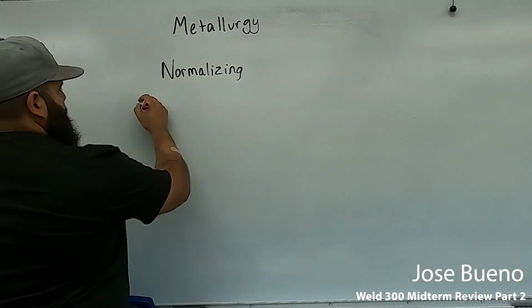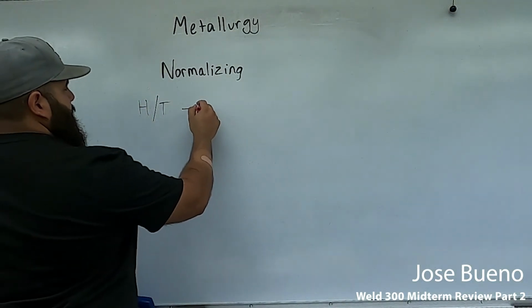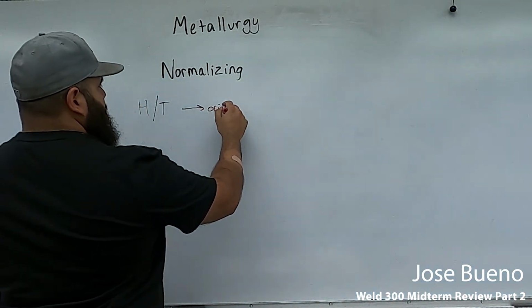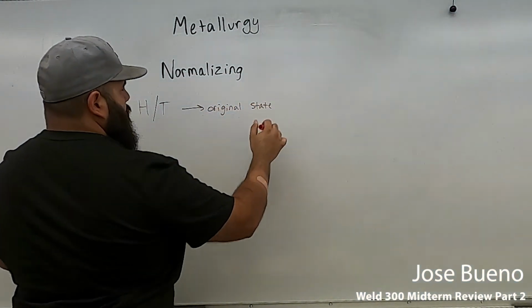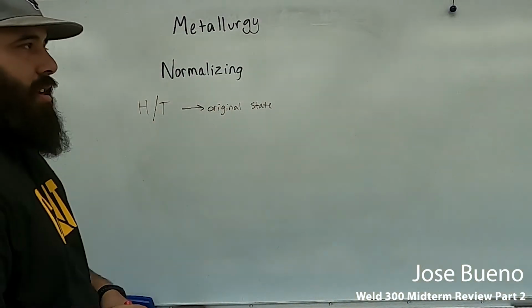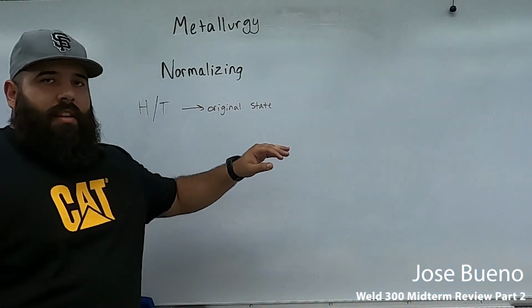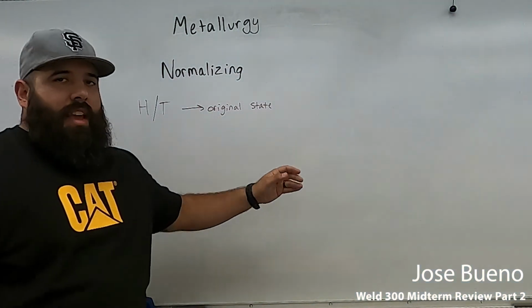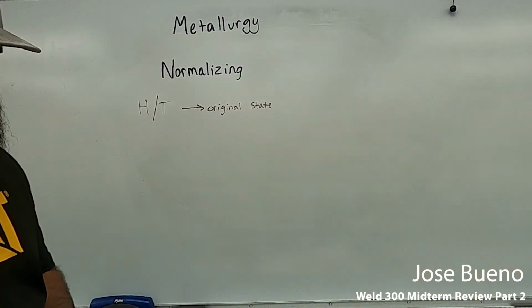So we're taking something that's either hardened or tempered and bringing it back to its original state, or as close as we can to its original state. So this would be getting rid of hardness and brittleness and bringing back ductility and strength.